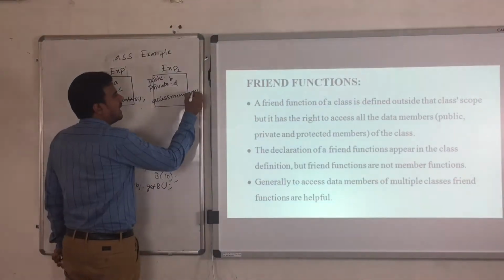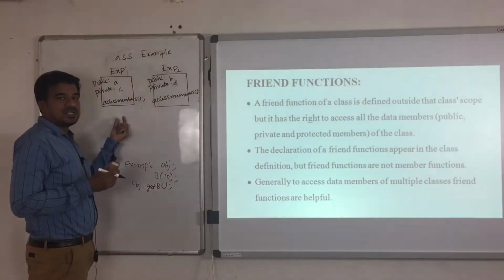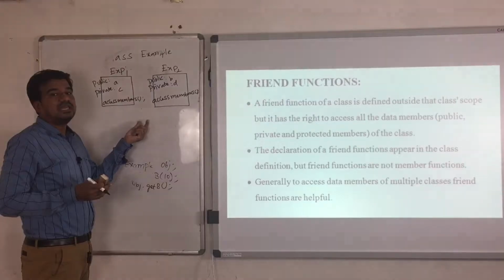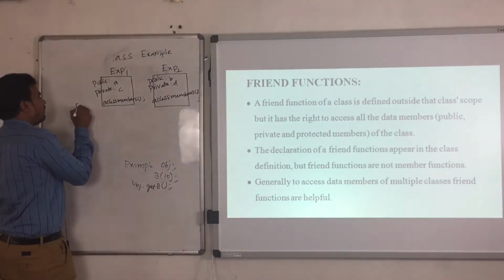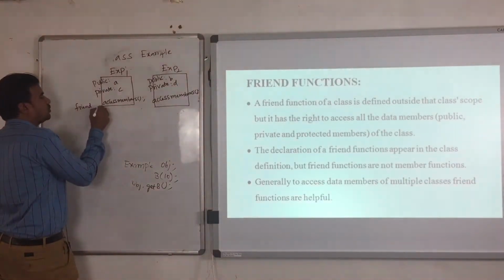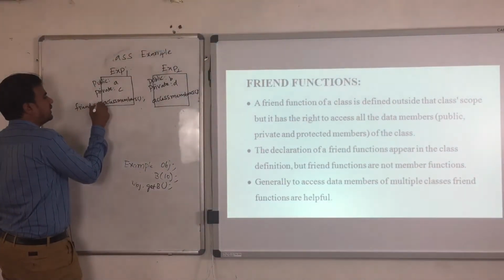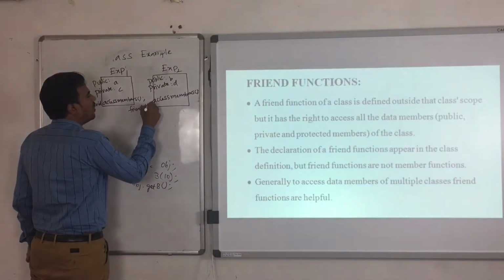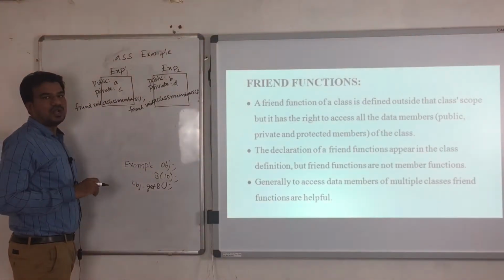As this function is a friend function, you have to prefix the function name with the keyword friend, and whatever return type you want, you have to put over here. If you don't want to give any return type, then put void. Here also friend void. So like this the declaration will go.